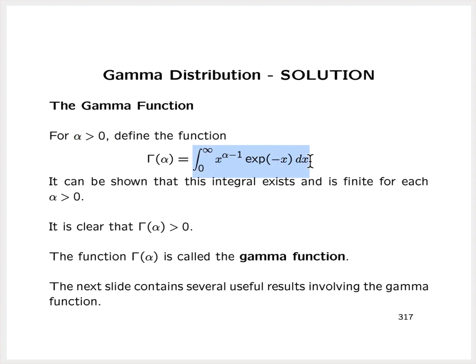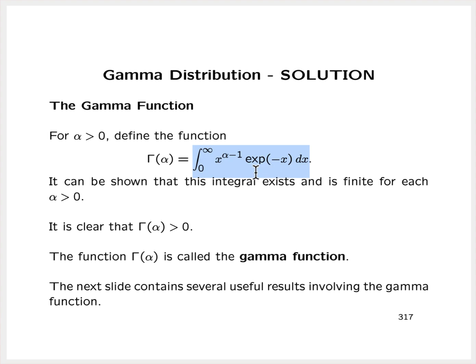And it's defined to be this integral, the integral on the positive part of the real line of x raised to the alpha minus 1 power times the exponential function evaluated at negative x.